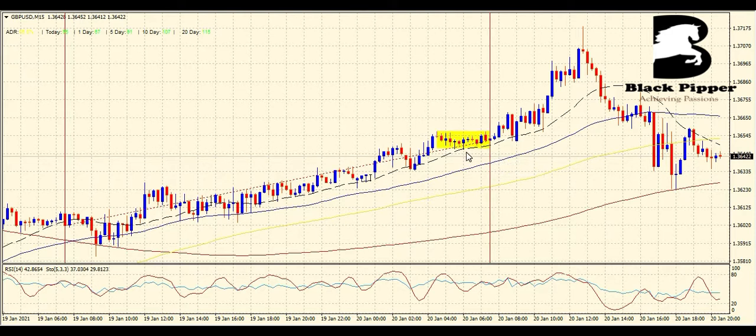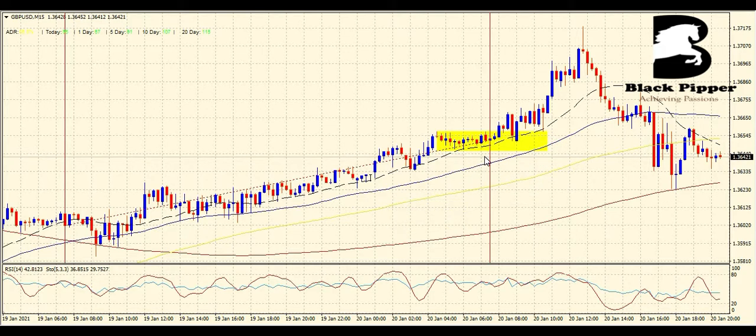It's a very small range. Let me extend the rectangle a little, so that once the breakout occurs, I'll be able to spot it right away.